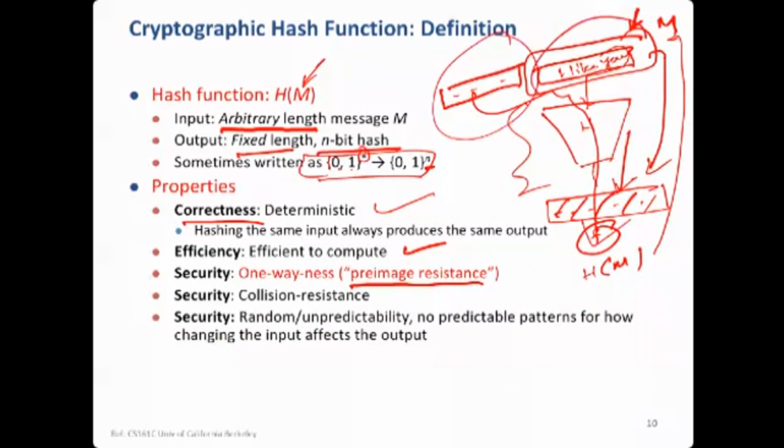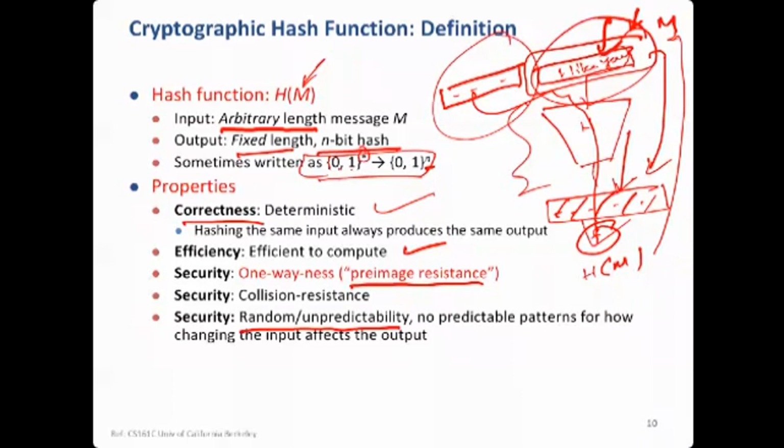That's called collision resistance. And the last one, that you know this message m, but can you predict what should be output here? No, you cannot. I mean, without using machines, you cannot predict, right? Although it's deterministic, looking at this output, can you find out what should be input?